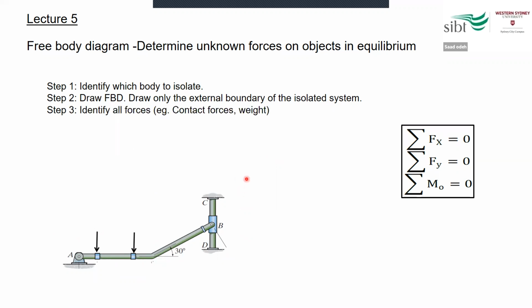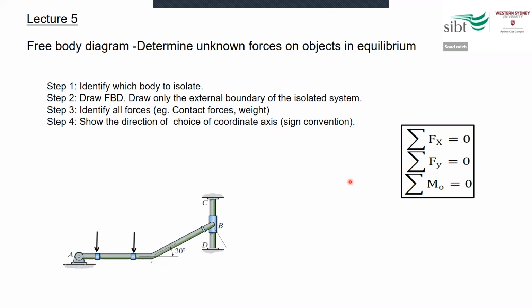Then the third step is to identify the forces at the contact. For example, the force acting at this point B, and the force at the joint A. And then we show, of course, the direction. That's quite important. So show the direction of your choice of coordinates, axis, or sign.